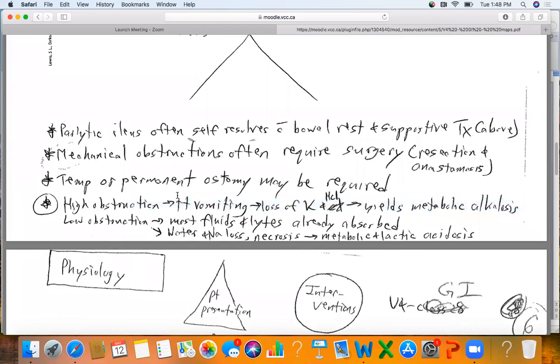And what's it saying? We could get potentially metabolic alkalosis from an obstruction, because if there's lots of vomiting and we're losing hydrochloric acid, that could cause metabolic alkalosis.